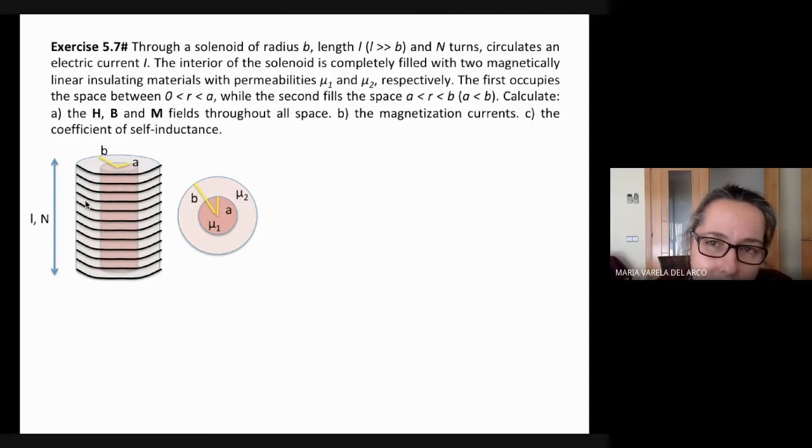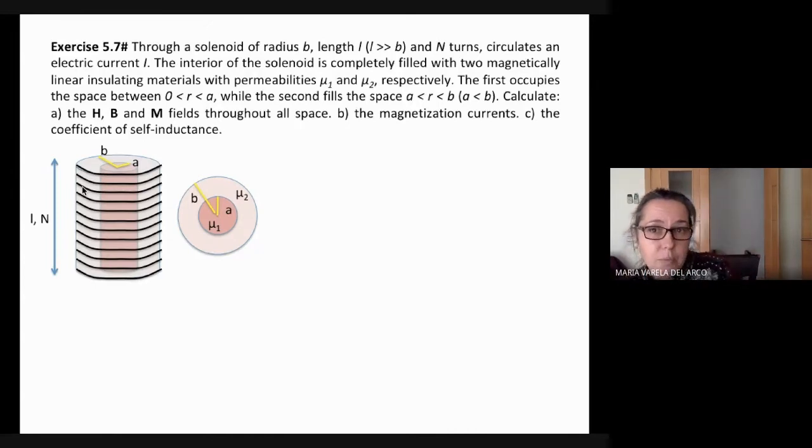H is going to be the same in both. This is why we write H as N over L times the intensity. But B is not going to be the same in both. In material number 1, B will be mu 1 times H. In material number 2, B is going to be mu 2 times H. That's the thing you have to realize: H is the same for both materials, B is not.